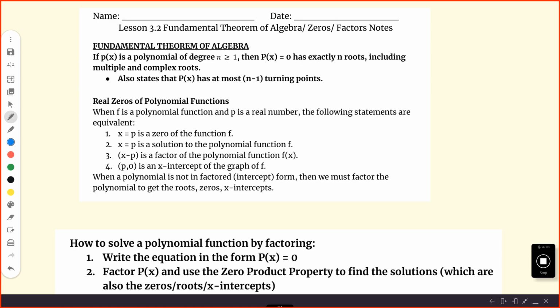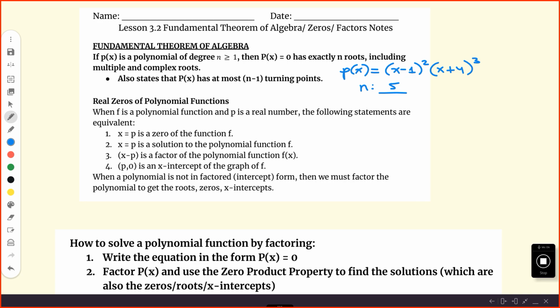So for example, let's say we have p of x equals (x minus 1) squared times (x plus 4) cubed, right? We know from yesterday's lesson that the degree of this polynomial is what? 5. And it's 5. We just sum up the exponents. 2 plus 3, that's 5.